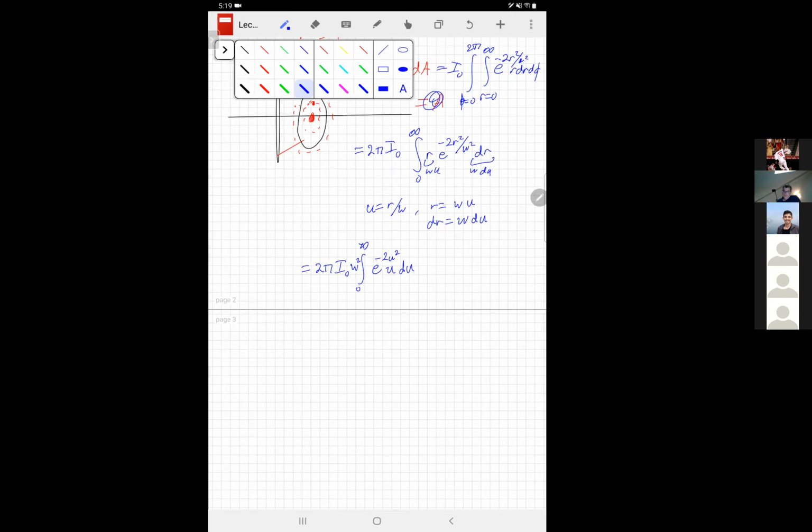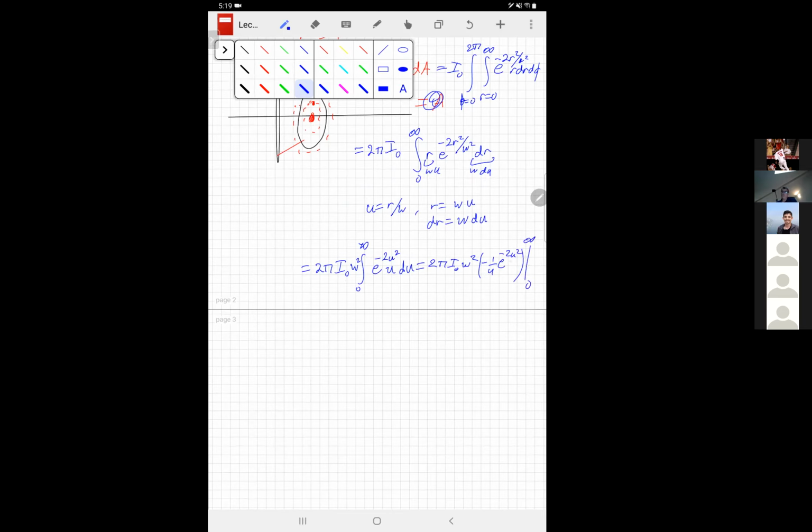All right. We're going to get a 1/4 when we do the integral, because it's 2 pi I naught w squared times negative 1/4 e to the minus 2 u squared.